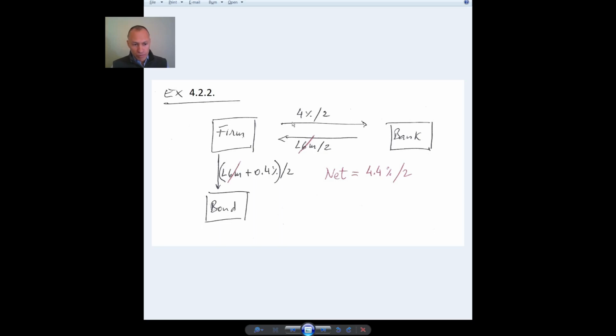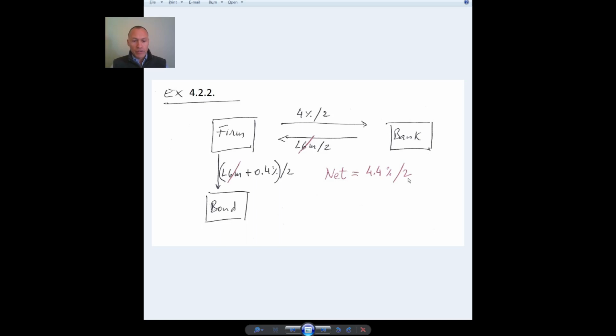The interest rate swap requires the firm to pay fixed this amount, and the firm receives the 6-month LIBOR, right? So the net result is that this LIBOR cancels with this LIBOR. So all that's left is fixed. The firm will pay a fixed rate of this amount, 4%, plus the little spread that still exists, right? So the net is 4 plus 0.4, that is 4.4% per year, or that divided by 2 every 6 months, right?